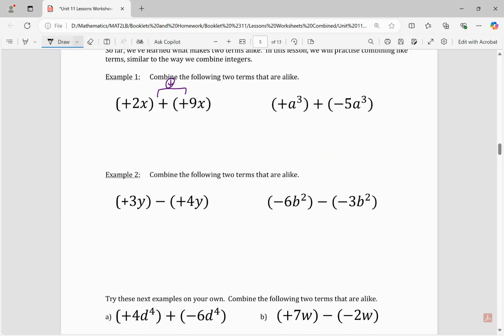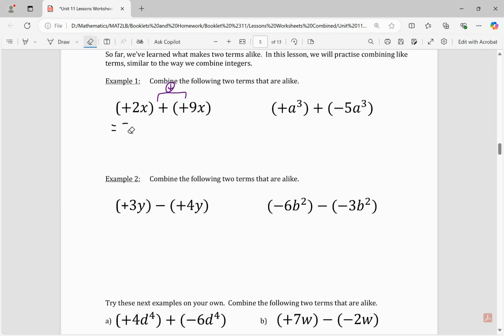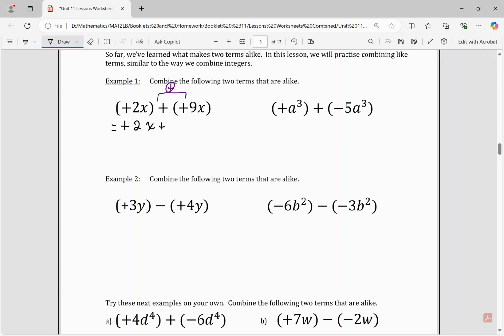So I can rewrite this as positive 2x plus 9x. Now, because these are like terms, I can just add the coefficients together. 2 plus 9 is 11, and the variable stays the same. So 2x plus 9x is 11x.